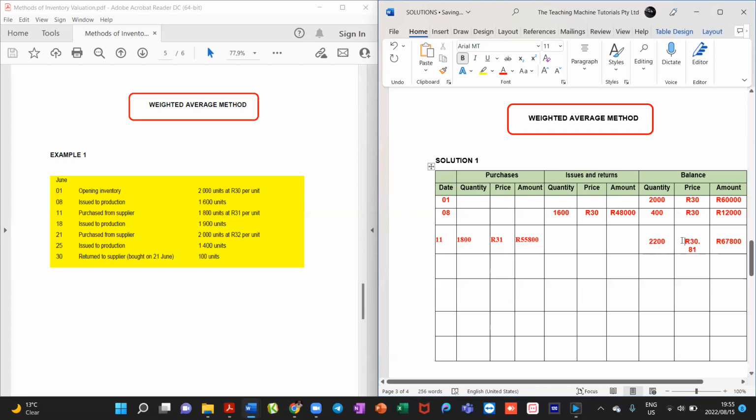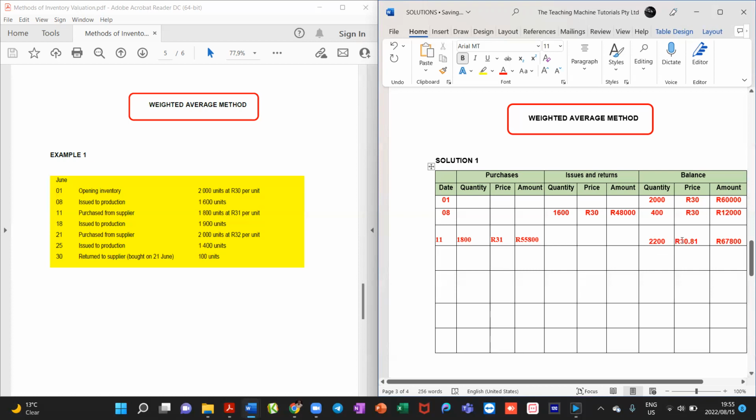That is the average price. Step number 1, you add units. Step number 2, you add amount. Step 3, you work out the average price. I know that most students would want to double check if 2.2 times 30.81 is 67,800. No, don't do that. What is important here is the average price. Any questions so far before we move on? Okay, so far so good.